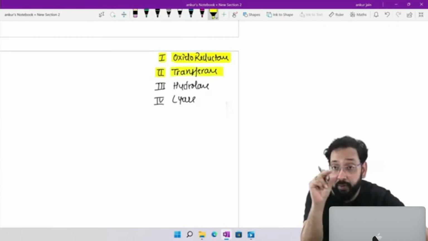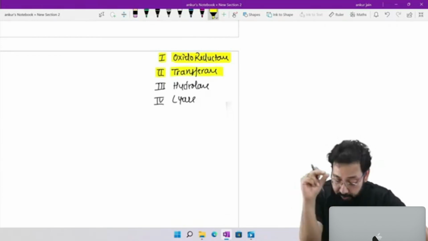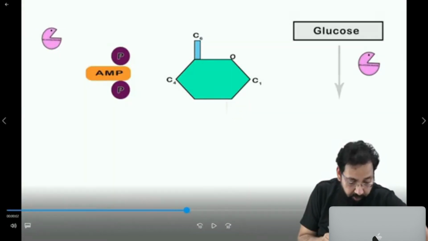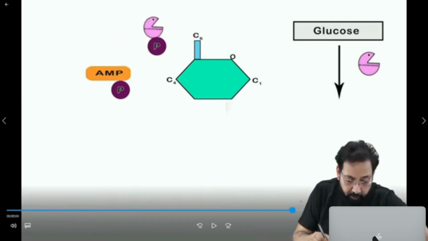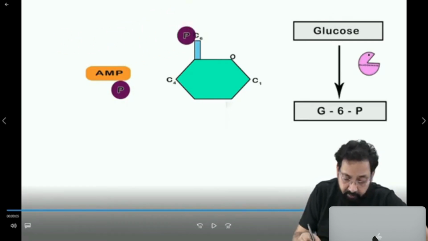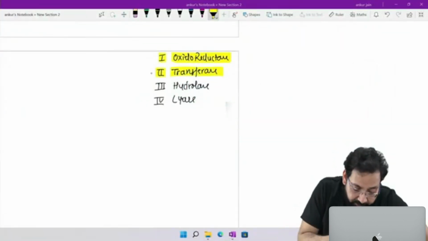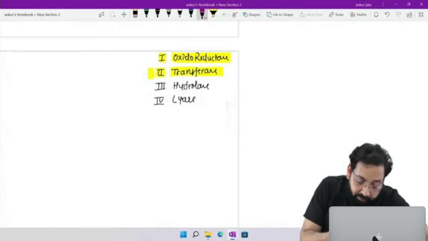Class 2 is transferase. Transfer occurs between two things. Any enzyme which transfers a group is classified as transferase, and transfer occurs between two things. That's why EC number 2. They are given classes or enzyme commission numbers.